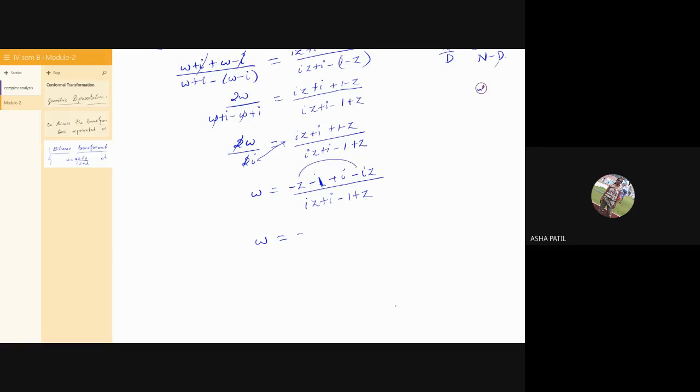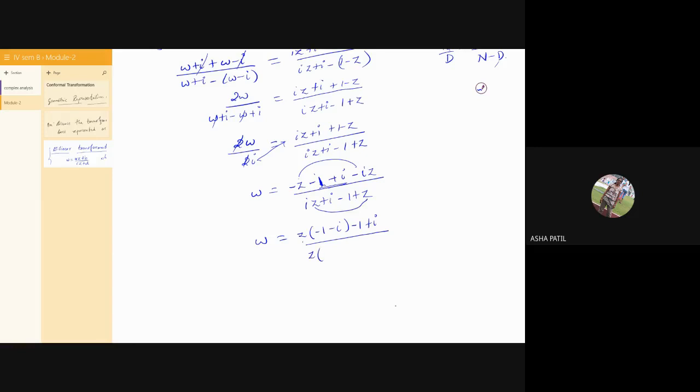We want AZ plus B, that means you have to take Z common from these two terms. If I take Z common, what remains is minus 1 minus I. Then we have minus 1 plus I, remaining terms here. From first and last term, we have taken Z common, so minus 1 minus I remains. Divided by the denominator, again you have to take Z common.